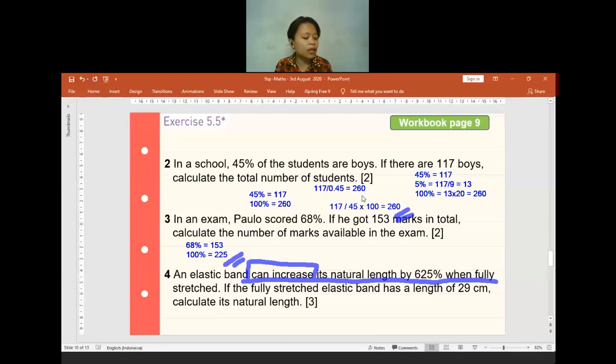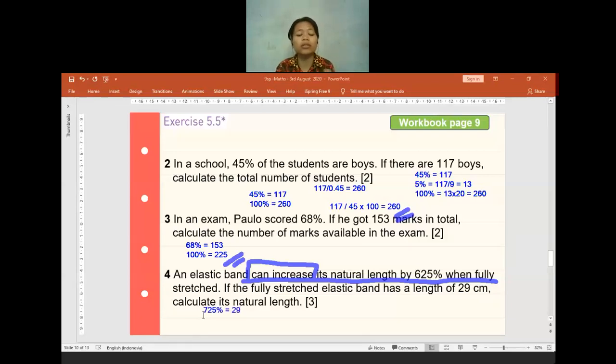It says can increase length by 625%, not can increase into 625%. If it is increase into 625%, then 625% equals 29. So it is supposed to be 725%. 725% equals 29.